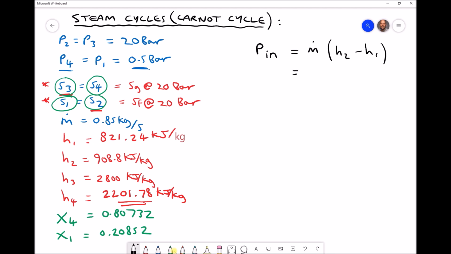So P in then is our mass flow rate, given in the question as 0.85. H2 we have given as 908.8, and H1 we have 821.24, giving us a power input equal to 74.43 kilowatts.